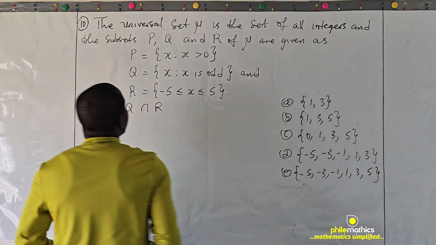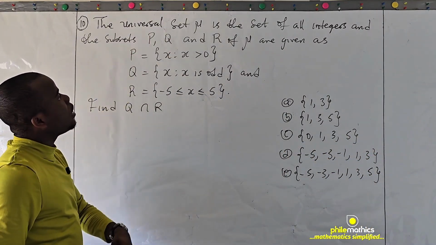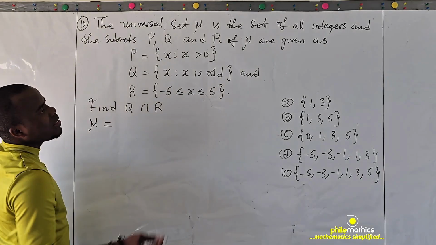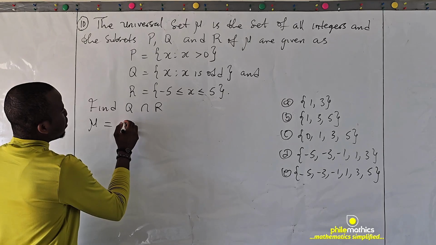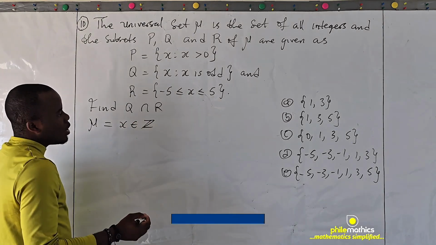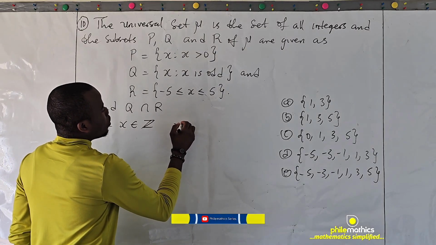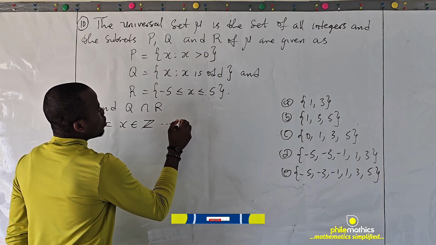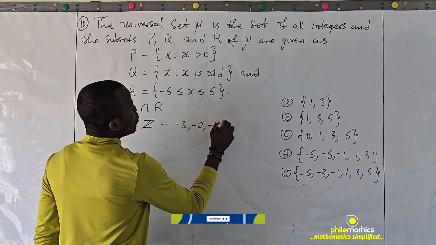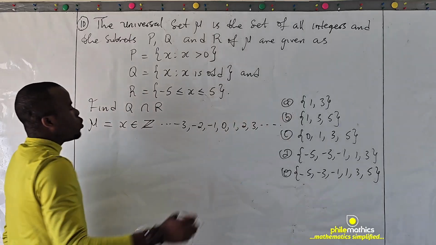So it will be wise to open up what each of the sets contains. So the universal set mu are integers. Remember, integers are those x in integers. Remember the definition of integers, those numbers that are ..., -3, -2, -1, 0, 1, 2, 3, and it continues.